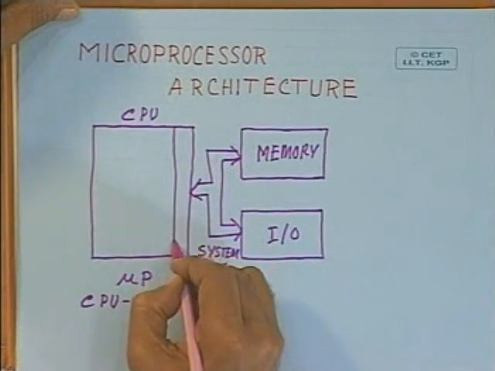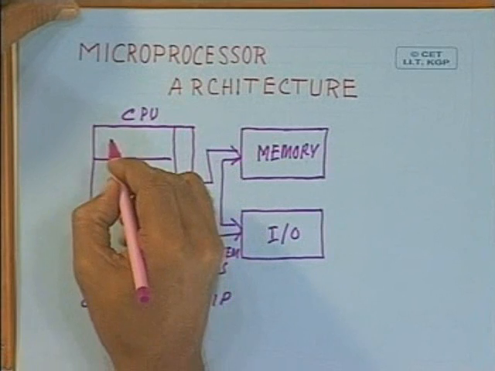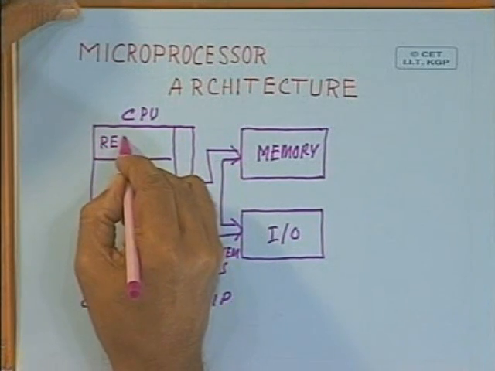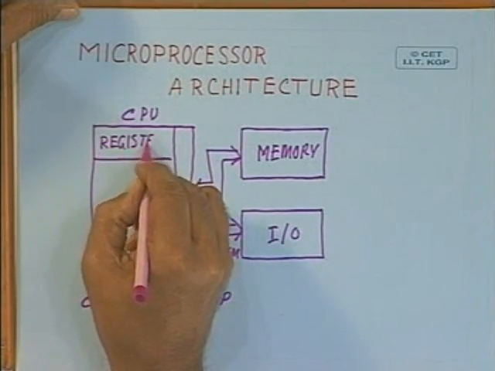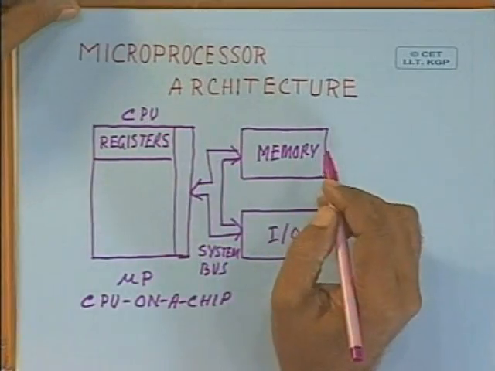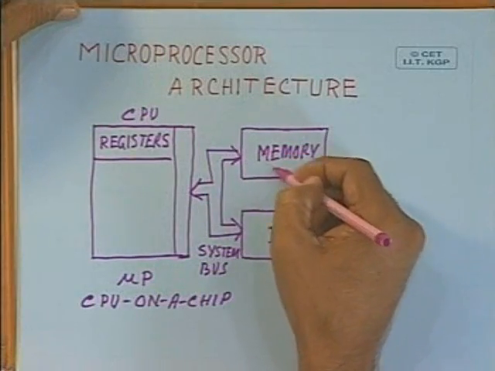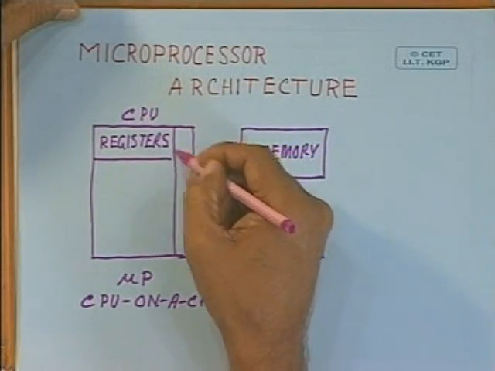Let us have a look at the different components which are present inside the microprocessor. In other words, what are the different subfunctions that are present inside the CPU? We will require a set of registers. As I explained earlier, in the function of a general purpose computer, the instructions and data which are stored in the memory are fetched to the CPU.